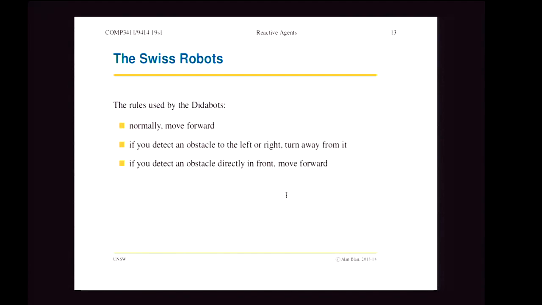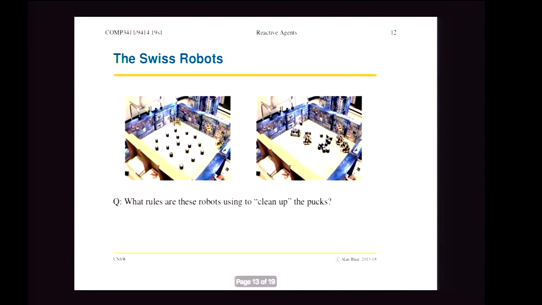So what happens here is the robots are randomly moving around. If they bump into the wall, they'll turn away and come back into the interior. If they bump into a puck on the left or the right, they'll move away from it. But if they happen to head straight towards a puck, then it'll be the middle bump sensor that detects it, and then they'll keep moving forward.